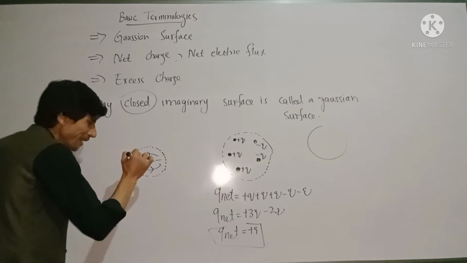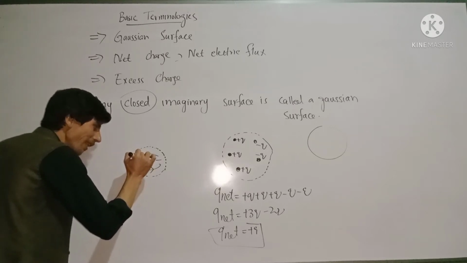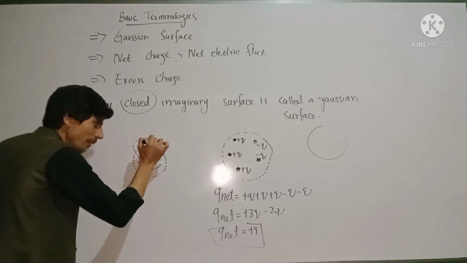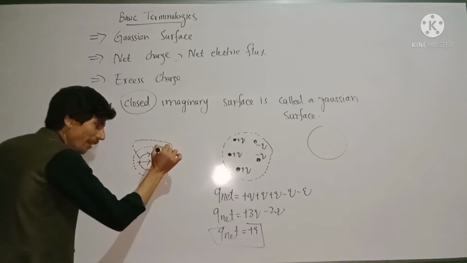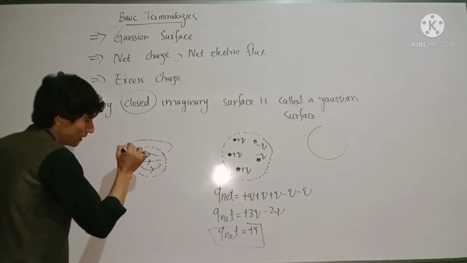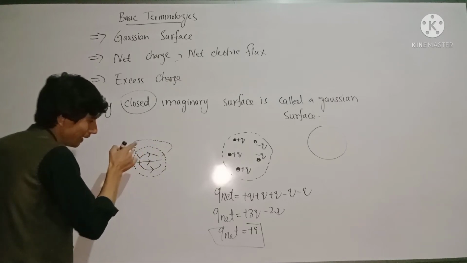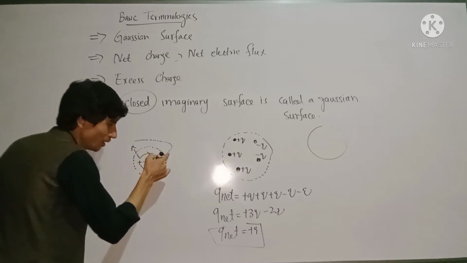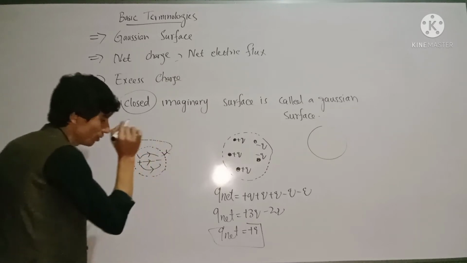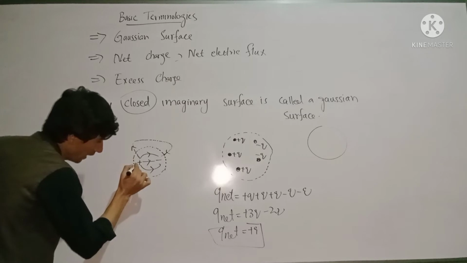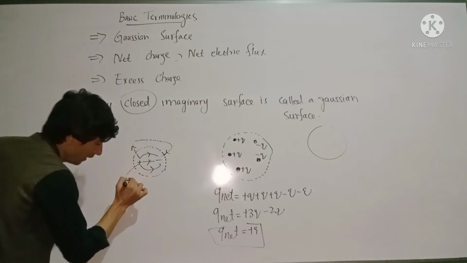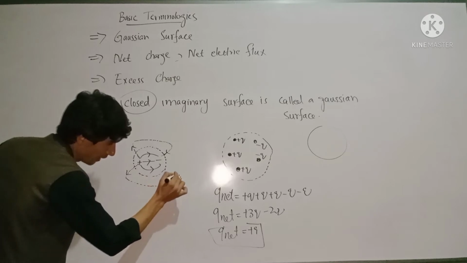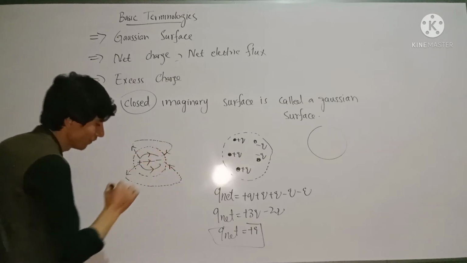So let's say here is an electric field line which leaves this closed surface and enters again into the closed surface. At this position the electric field line leaves the closed surface, and at this position it enters again. Here is another electric field line which leaves the closed surface and enters again.